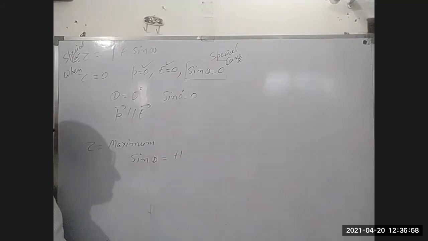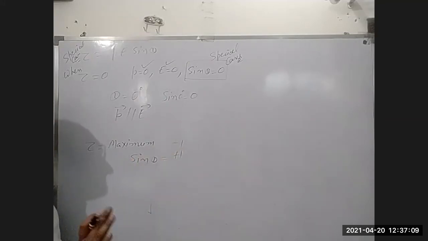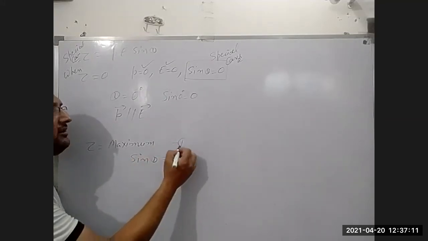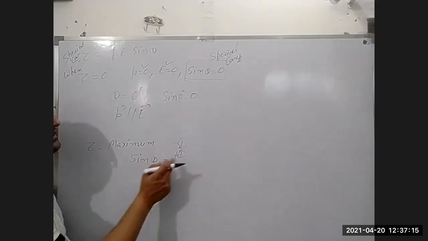Plus 1. You can take minus 1 also, because minus 1 is not a lesser value. It gives only the direction. Magnitude wise both are the same. So sin theta is equal to 1.